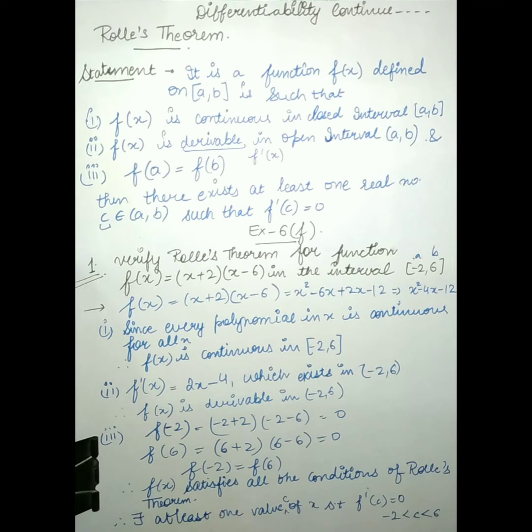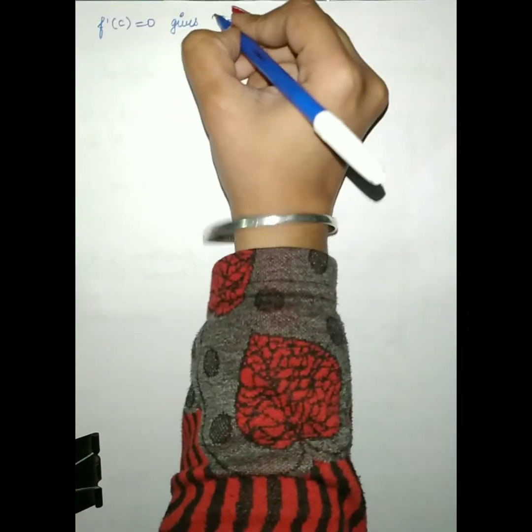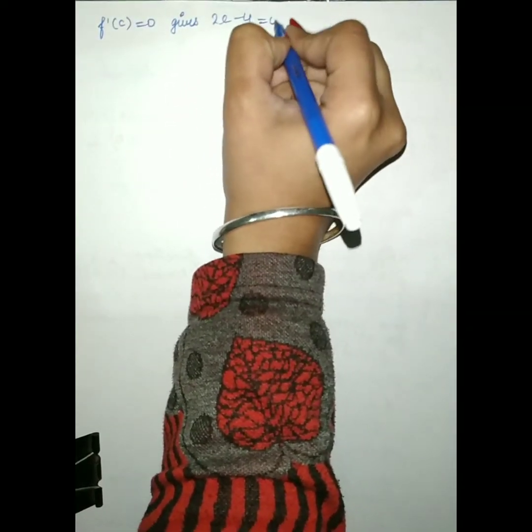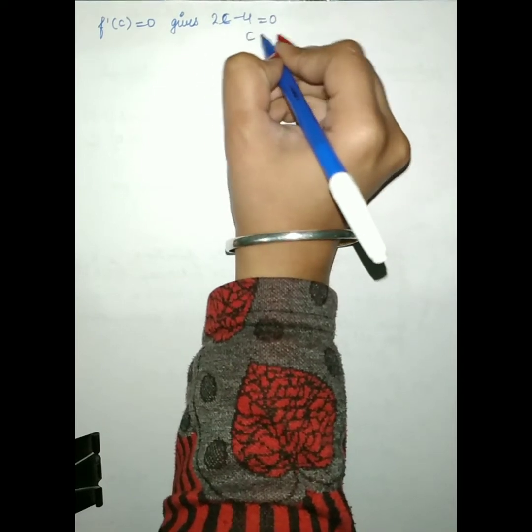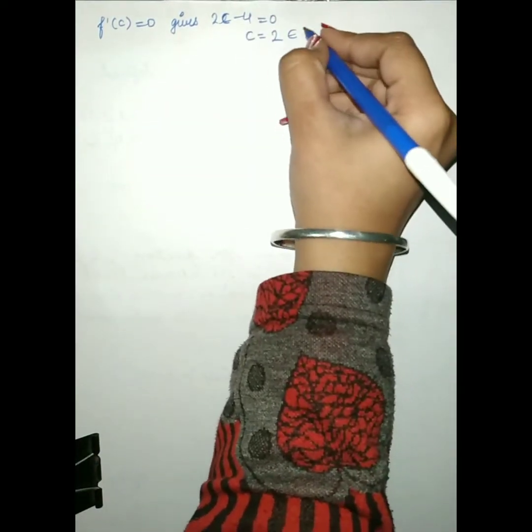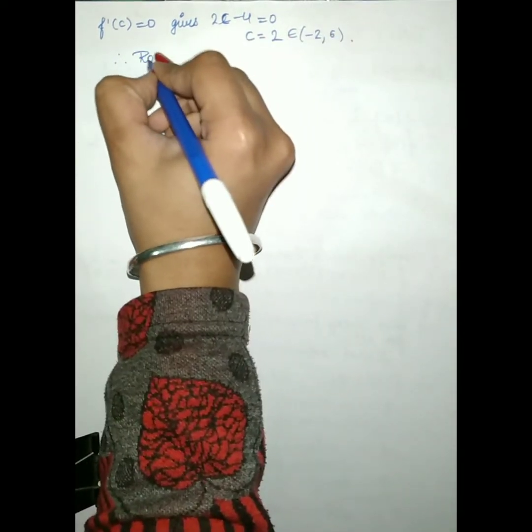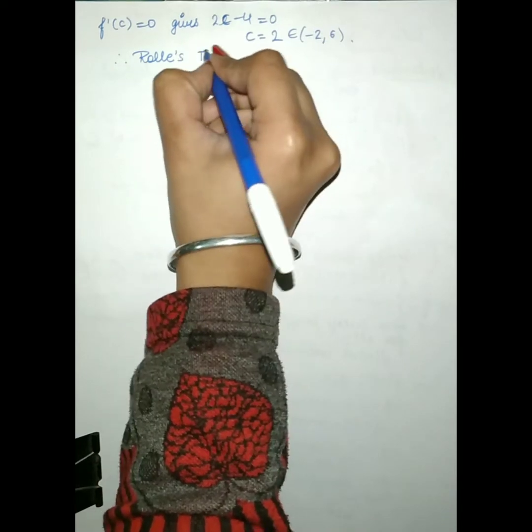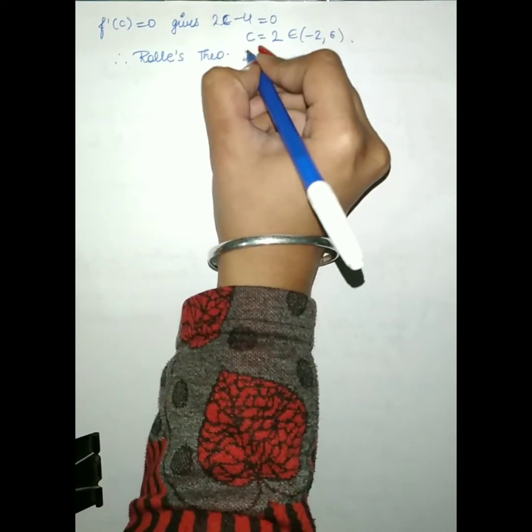Now for f dash c equal to 0, we will take this term. Here we will put x equal to c and this term will be equal to 0. Then it will become 2c minus 4 equal to 0. That means c will be equal to 2, which belongs to the interval -2 and 6. So therefore Rolle's theorem is verified.